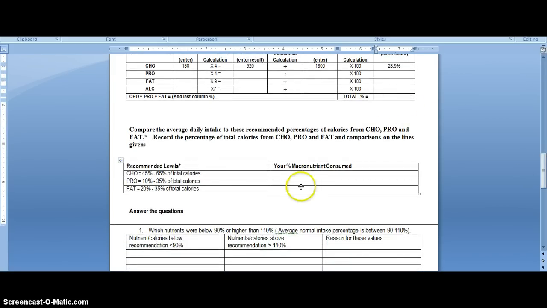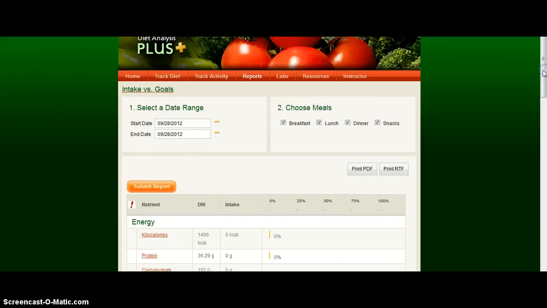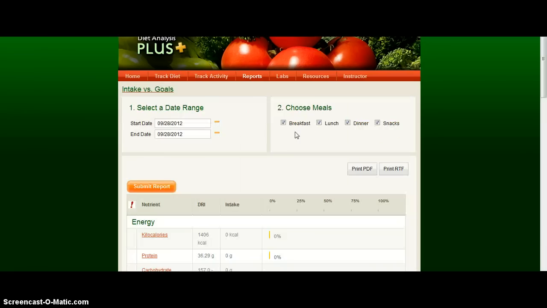After you fill out your macronutrients percentage consumed in these spaces here, go back to the Diet Analysis Plus, click on the Reports tab, click on your Intake versus Goals if you do not have it already open.